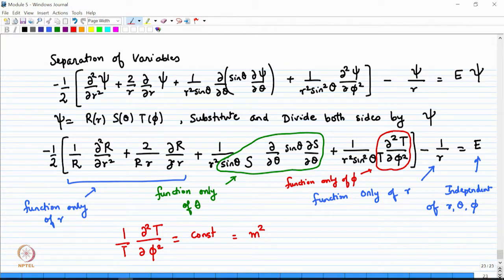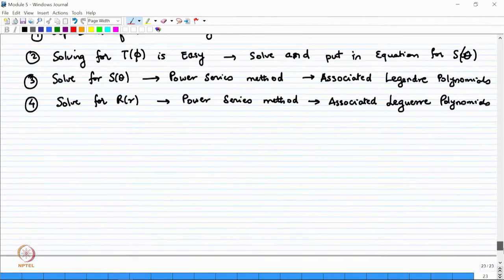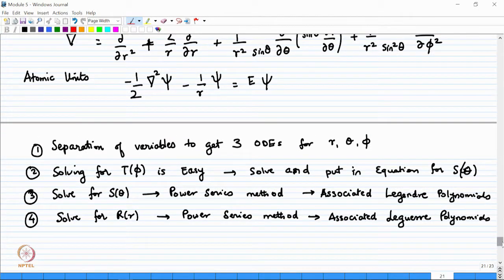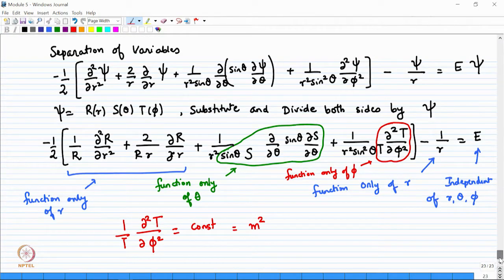Now we are into the second step of the solution, that is solving for t. Phi is easy. I should be a little careful when I write these; they should really be whole derivatives, because t is only a function of phi, so these are actually not partial derivatives.